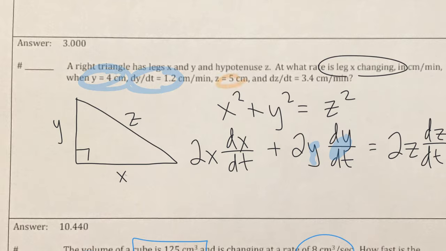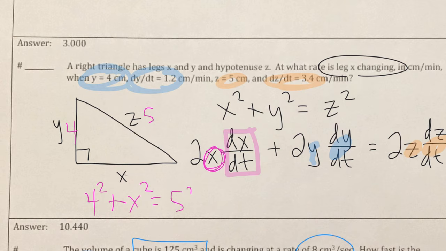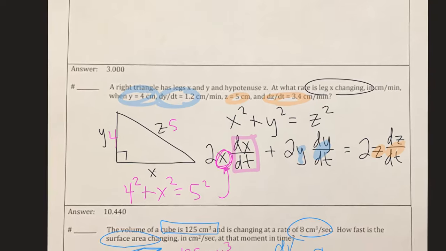We know what z is, check. We know what dz dt is, check. So in order to solve for our variable, which is dx dt, I need to first calculate my x value. And I'm going to do that with, once again, Pythagoras. So 4 squared plus x squared equals 5 squared. That allows you to figure out x, and then you can solve this equation for dx dt.